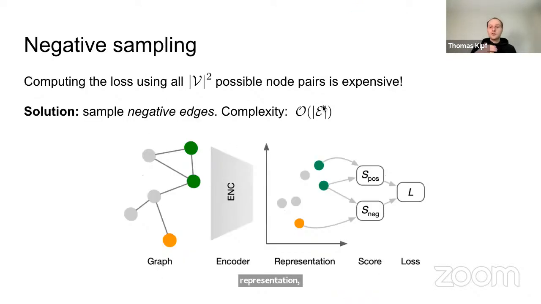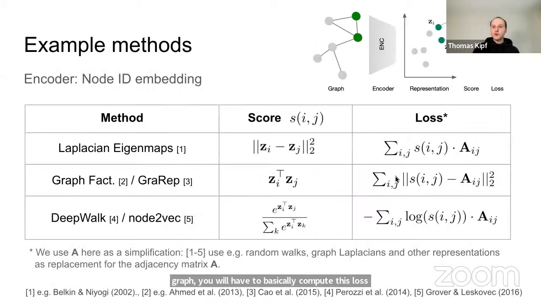Now, if you want to train a method like this on a large graph, you will have to compute this loss over all possible elements of the adjacency matrix, because you sum over indices i and j.